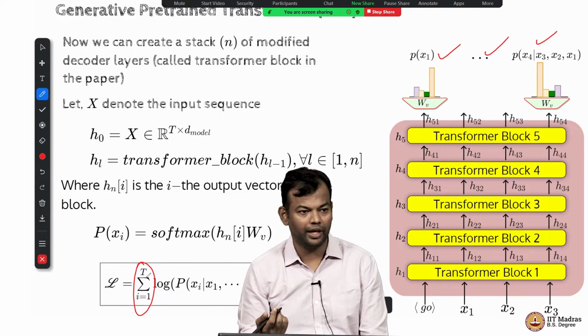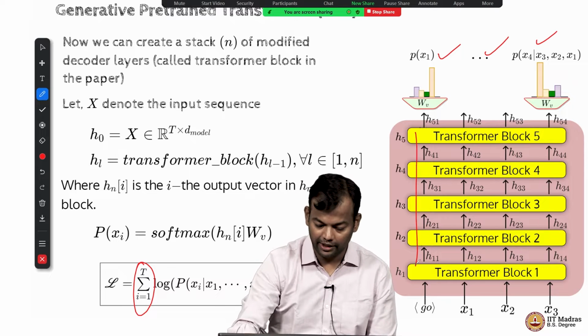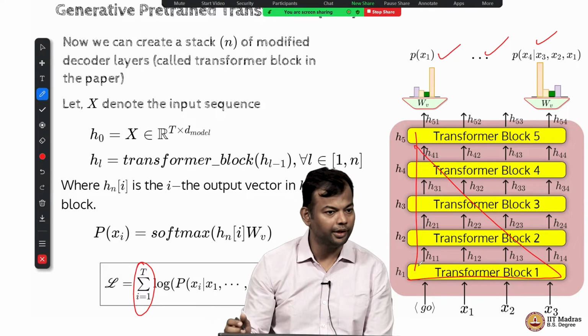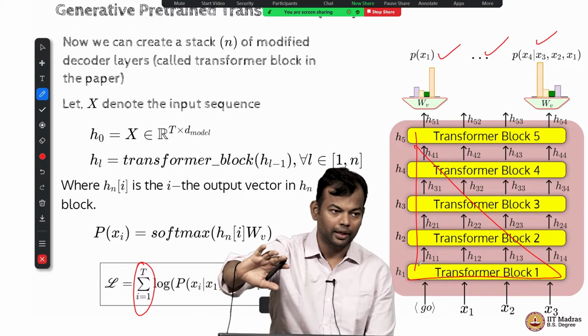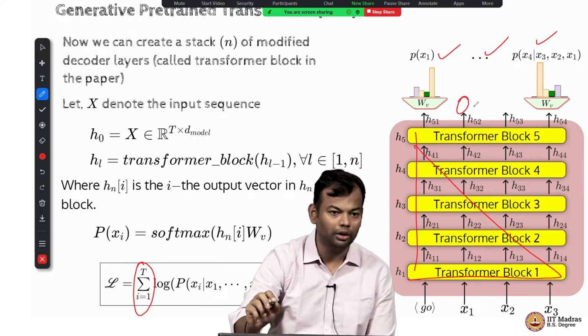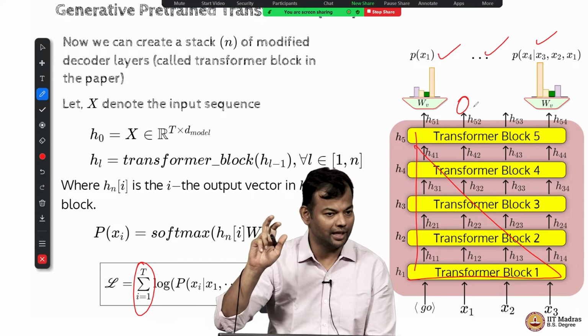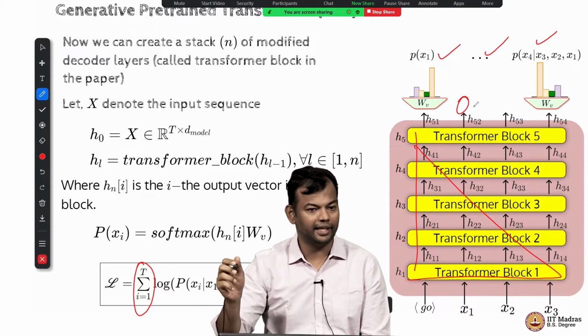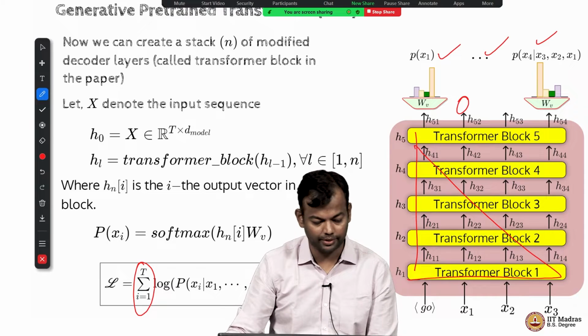Is that okay, everyone? Remember that the attention mask has been applied here. That's why you are able to take the entire paragraph as an input, and at every time step you are sure that only what it is allowed to see has been seen, nothing else, because of this triangular attention mask that you have used.